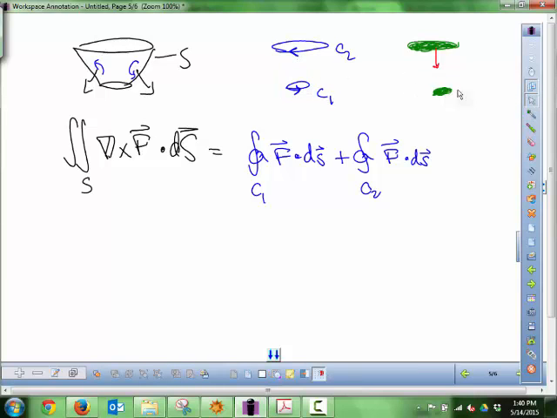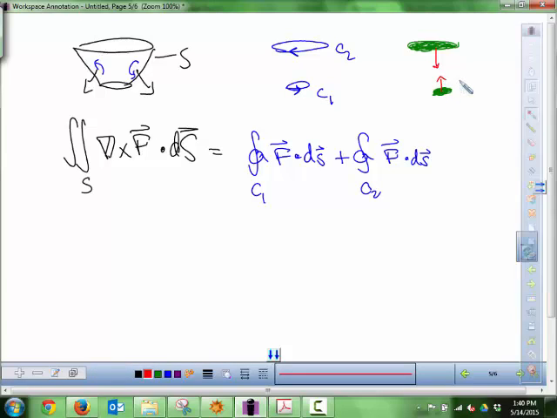It would be pointing up. Isn't that true with the outward orientation? I don't know. Maybe. Yeah, I don't know. You can think about it.